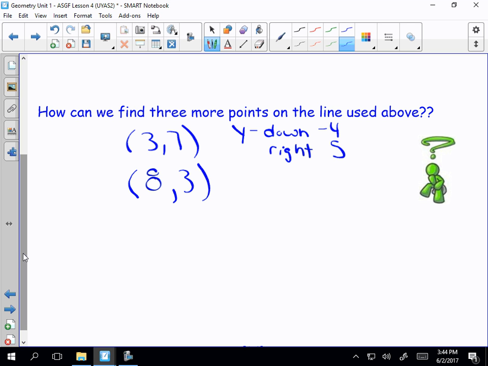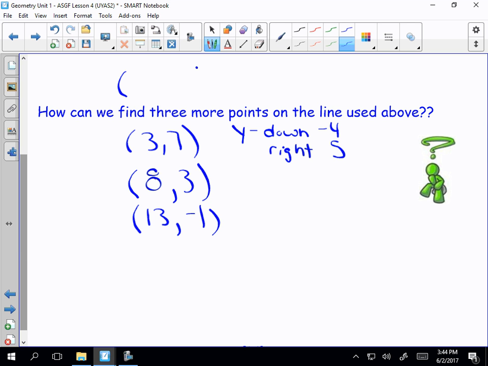We could test and make sure that this is working properly by finding the slope of this line. We could do the same thing by working through that pattern and finding an extra value. Y's down 4, so 3 minus 4 is a -1. X is going up 5, so we go from 8 to 13.